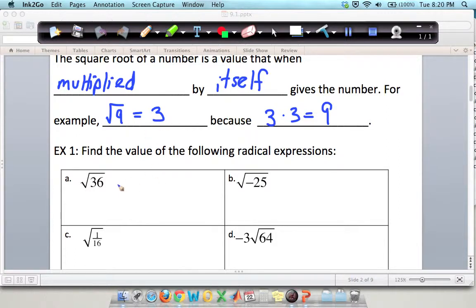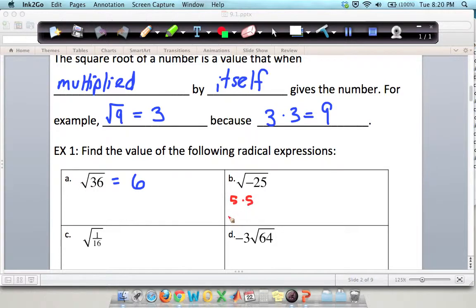So let's simplify some of these. The square root of 36, this is saying what number multiplied by itself gives you 36, and this is 6. So square root of 36 equals 6. Square root of negative 25 is saying what number multiplied by itself gives you a negative 25. And if you try, for example, 5 times 5, that's not going to work.